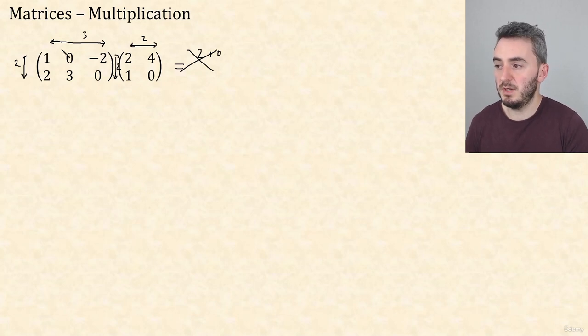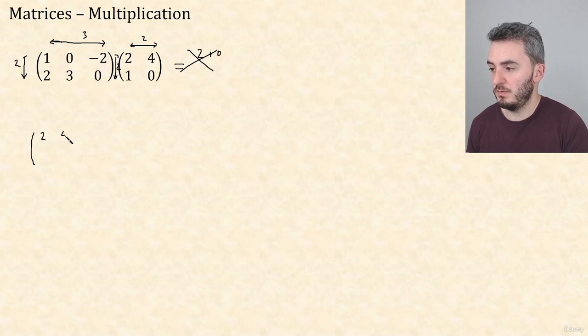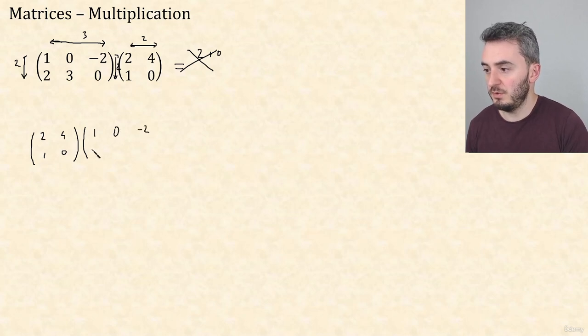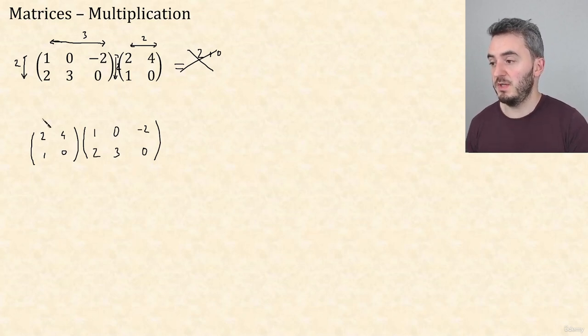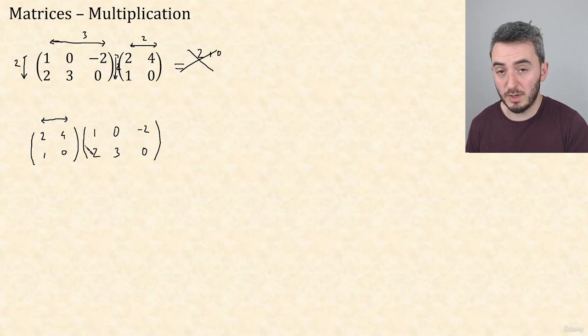So the number of columns of the matrix on the left must match the number of rows on the right. So if I was to actually swap these round and do 2, 4, 1, 0, multiplied by 1, 0, minus 2, 2, 3, 0, this is actually okay. I can multiply these because the number of columns here matches the number of rows here.